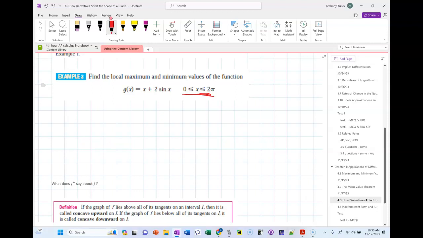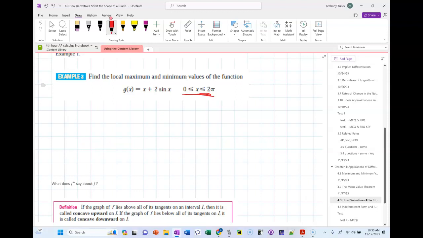Now, if my absolute max or min happens at an endpoint, does that count as a local? No. So I don't need to check the endpoints here. All I need are the critical values, even though it's on a closed interval. If this was asking for absolute maxes and mins, then yes, I have to check the endpoints as well. Everybody's good?